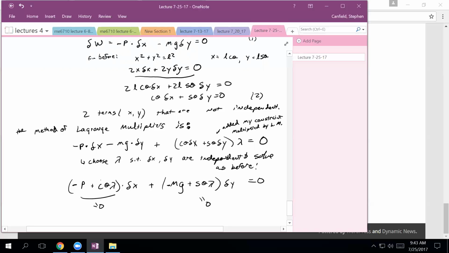So look, before I couldn't say p equals 0, but now I've got this lambda showing up in here. So the idea is I'll choose lambda such that these are independent, and I can say this validly.